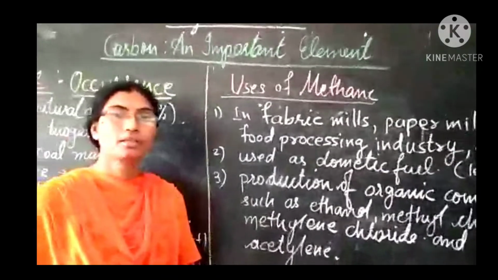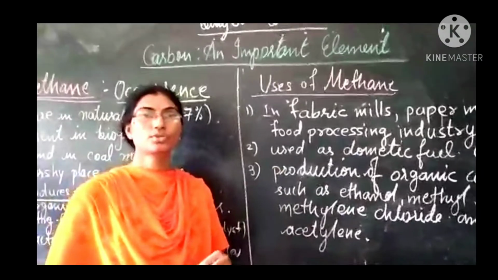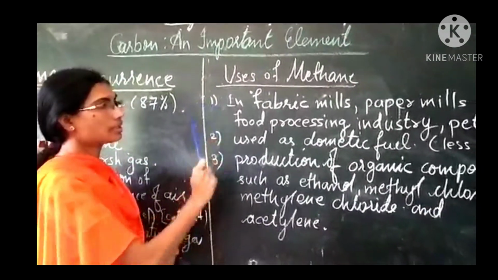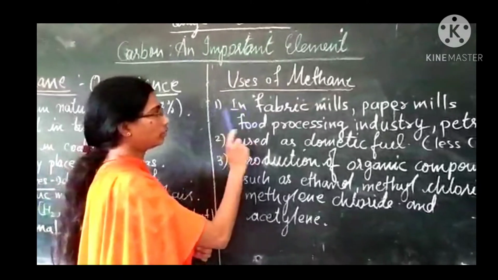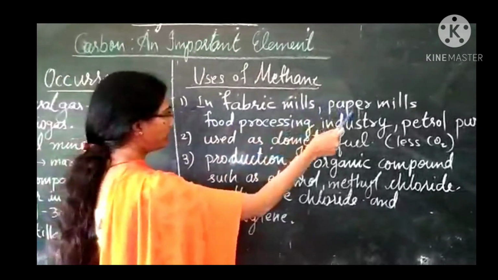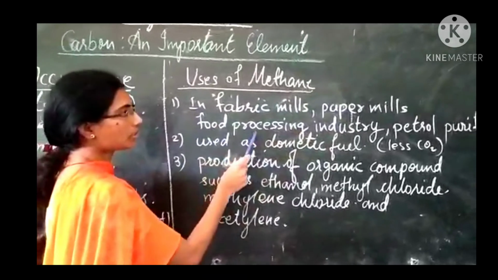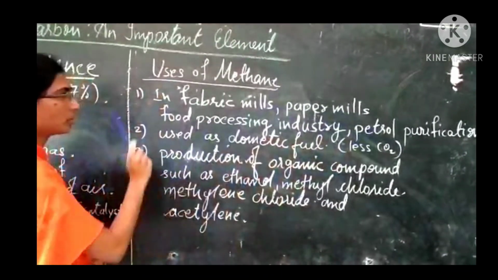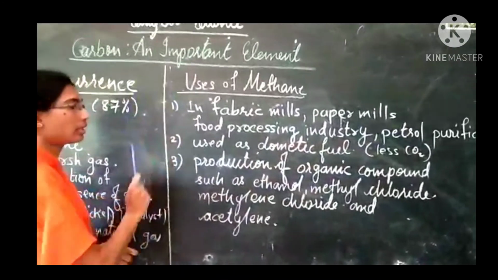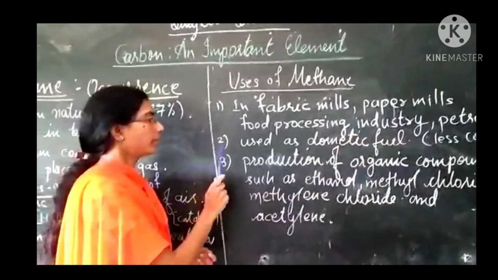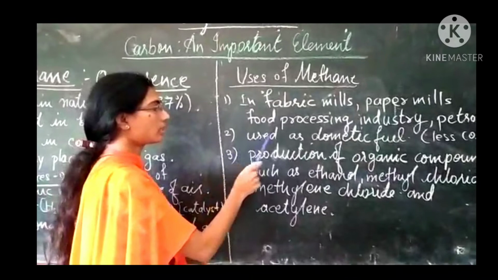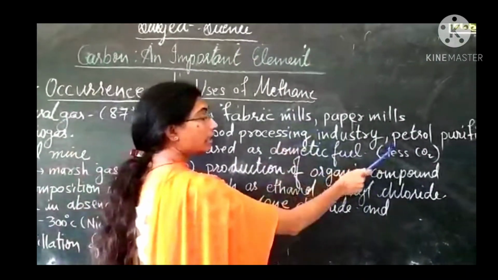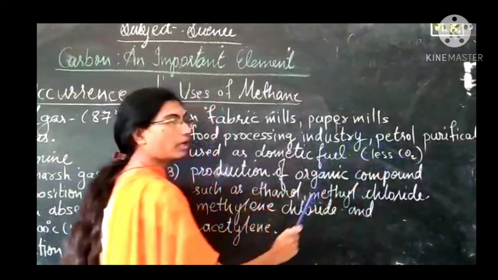Now students, let's see some uses of methane gas. First of all, it is used in industry, mostly in fabric mills, paper mills, the food processing industry also, and for purification of petrol. So in industrial use, methane gas is very useful. Then methane gas is used as a domestic fuel because it releases less carbon dioxide.